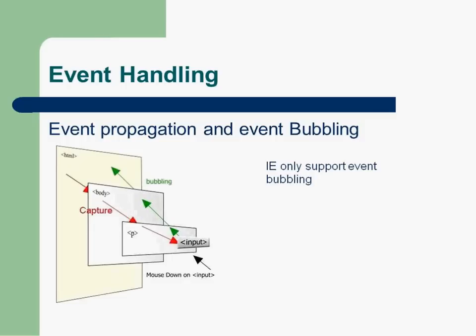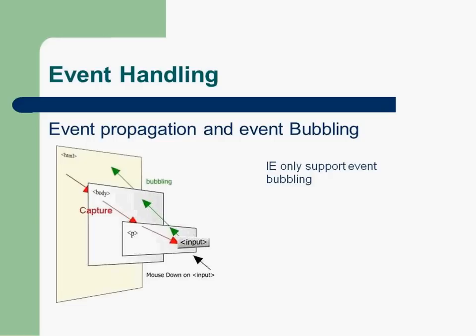If there is, it will call that event handler. You can maintain a sequence: you can add one function at the capture phase and another function at the bubbling phase, so that they execute sequentially. That's what the capture phase and bubbling phase are, as this image shows.